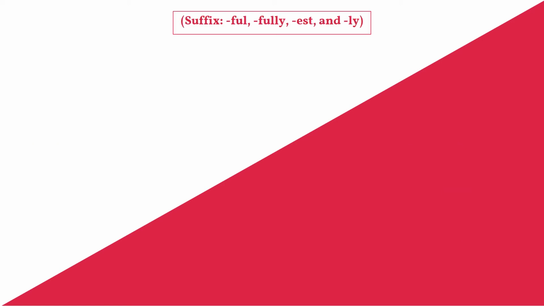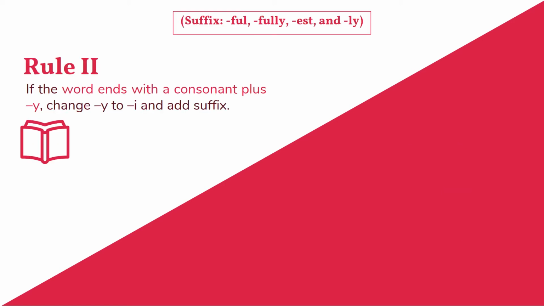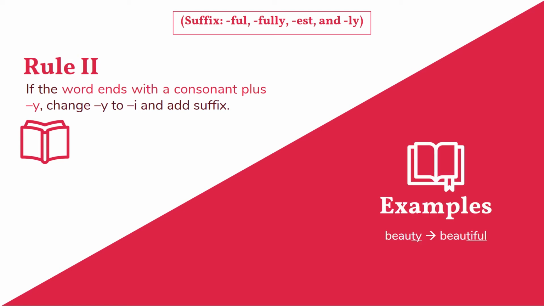For this set of suffixes, rule number 2 states that if the word ends with a consonant plus Y, then we change Y to I and then add the suffix. Let's see the examples. Beauty, beautiful. The word ends with Y and there is a consonant T before it. So we have changed Y to I and then added the suffix full at the end of it.